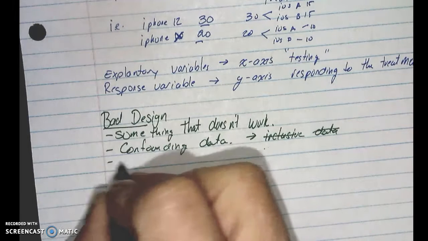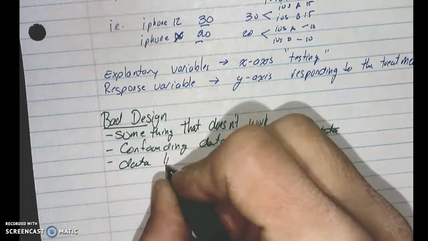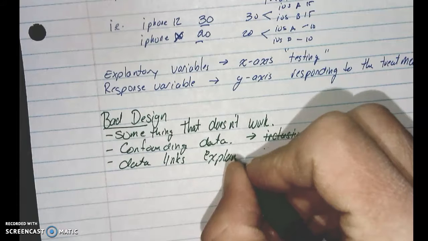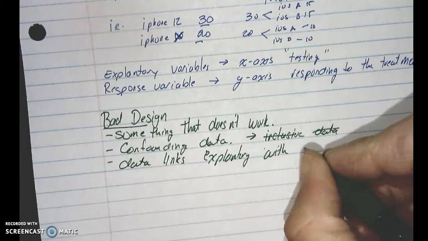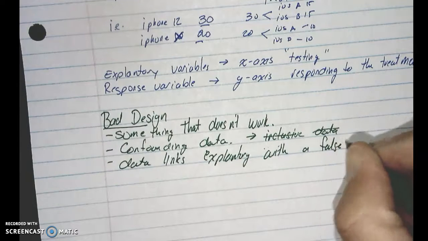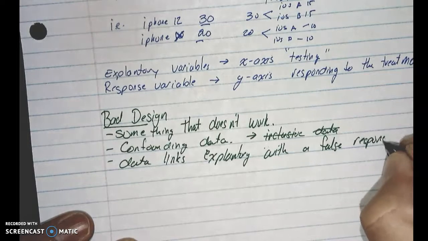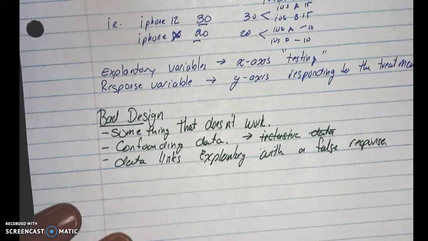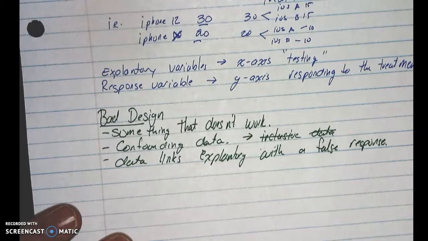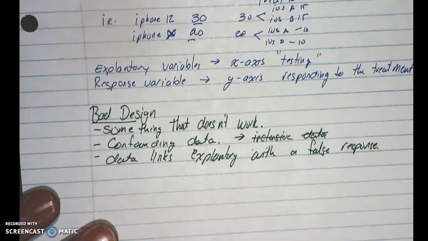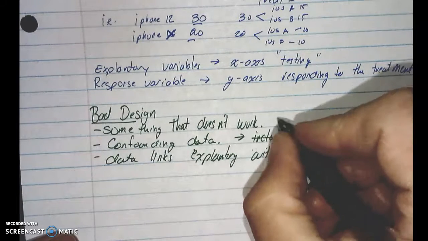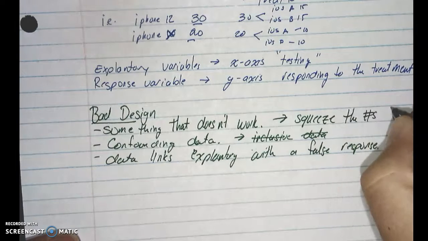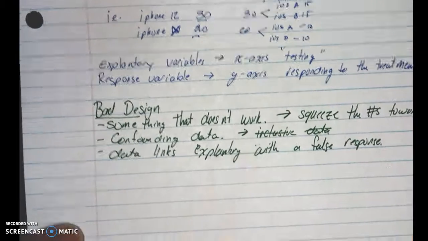So we're getting data that links our explanatory variable with a false response. Okay. So our bad design, yeah. So basically you can tell right away when something doesn't work and then they try and squeeze the numbers to work. Okay. So let's pause it right there.